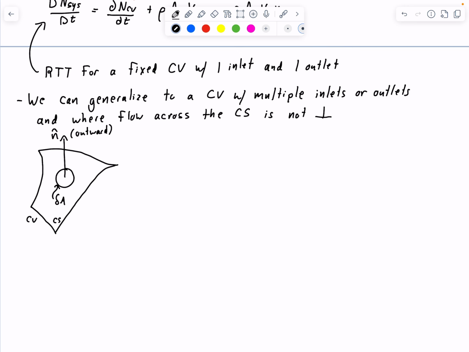So this is an outward unit vector, n hat, which defines the orientation of that surface.